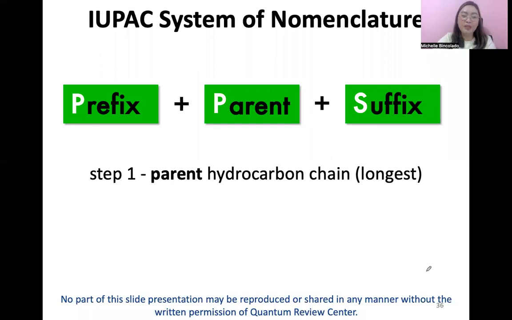Step 1: determine the parent hydrocarbon chain, which is the longest chain. The parent chain here is already in red. Counting how many carbons, that is 1, 2, 3, 4, 5, 6, 7, 8. So the parent hydrocarbon chain of this compound is octane. Step 1 is done, you now know the parent.